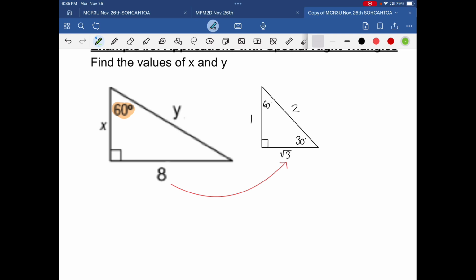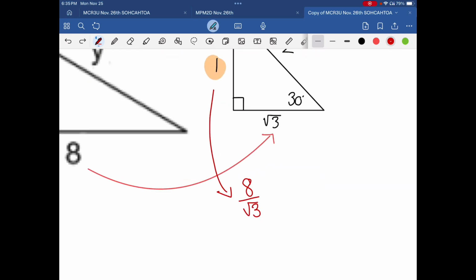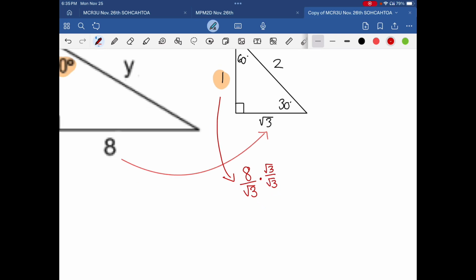One way to determine the value of 1 is to simply do 8 divided by root 3. It's a good thing we talked about rationalizing denominators, since we don't like having a square root sign in the denominator, so we multiply both by root 3.